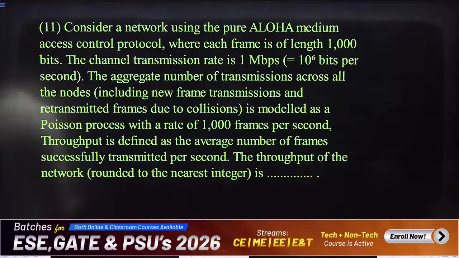Yes, Mishra, correct. If it is slotted Aloha, the answer will be, you have to apply G into e power minus G. Very good. Yes, then you will get some 368 like that. Okay, good, very good.